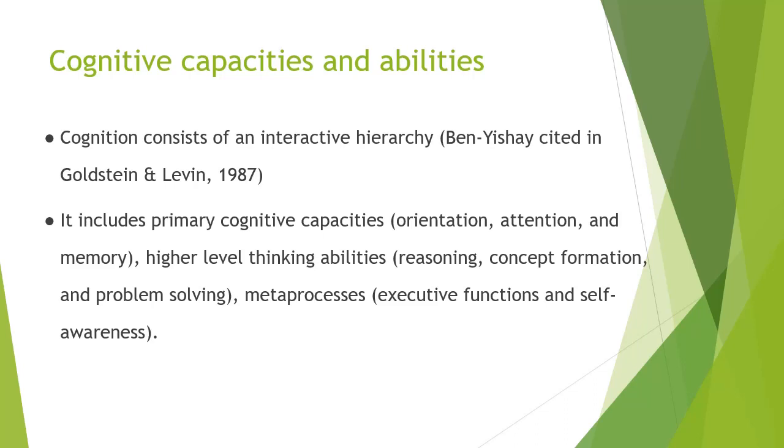And the last one, meta process, which is executive function and self awareness. These are the three capacities and abilities of cognition: primary cognitive capacities, higher level thinking abilities, and meta process.